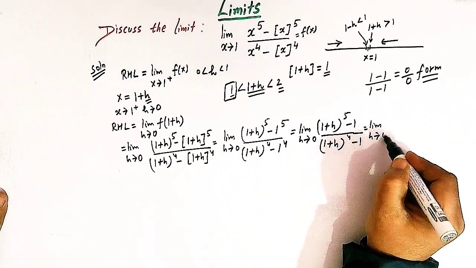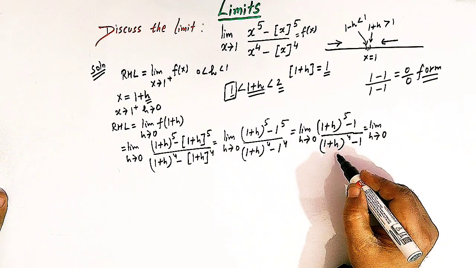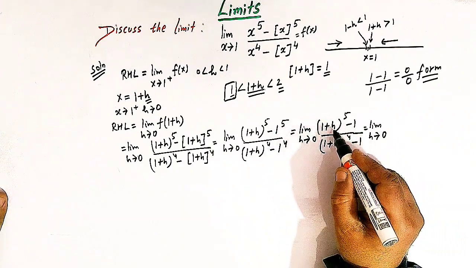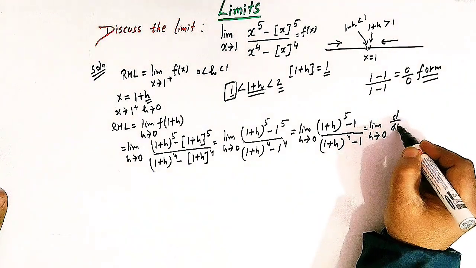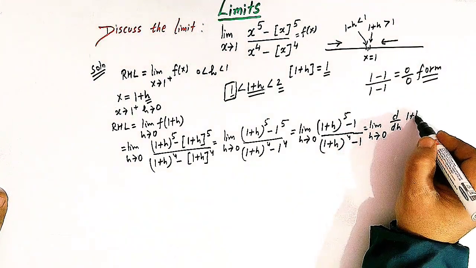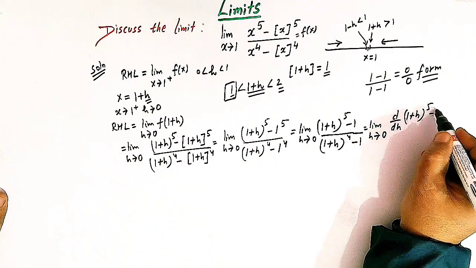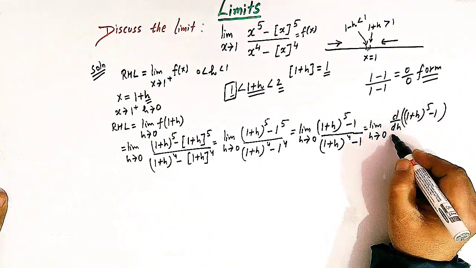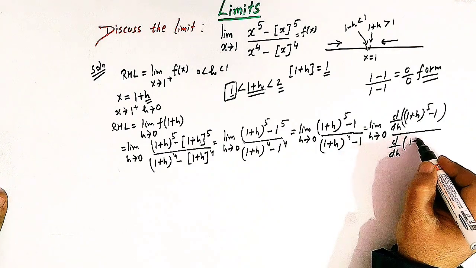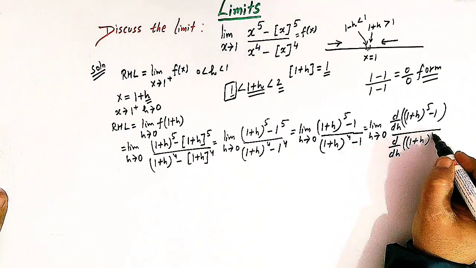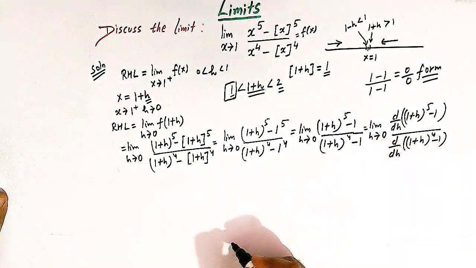So we get the 0 over 0 form in this limit, so we can easily apply L'Hopital's rule by differentiating the numerator and denominator separately with respect to h, right? So now we have the derivative of 1 plus h raised to 5 minus 1, and here we have the derivative of 1 plus h raised to 4 minus 1, right?